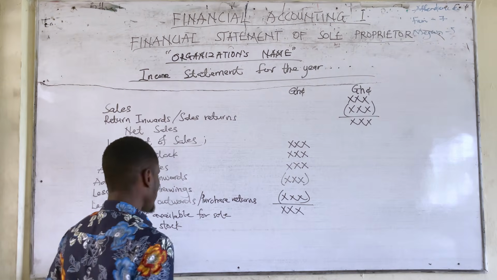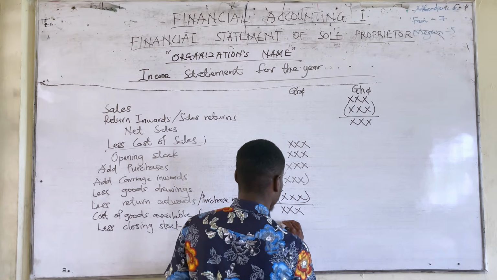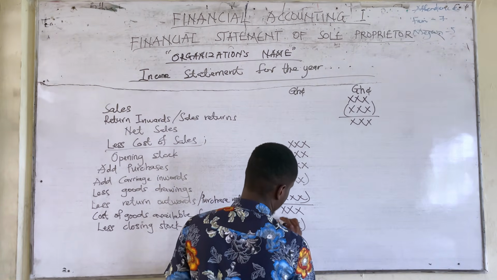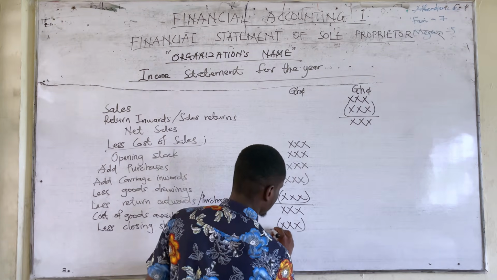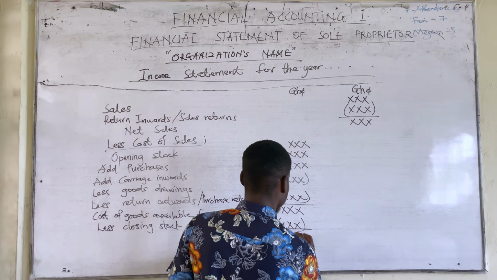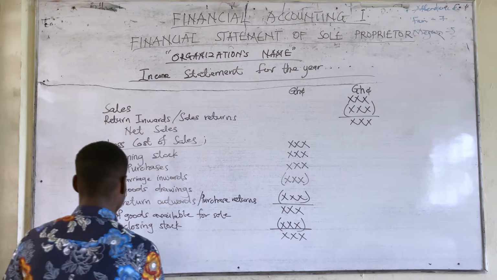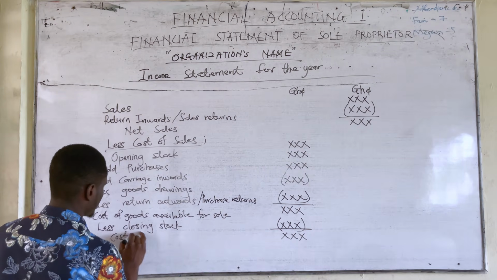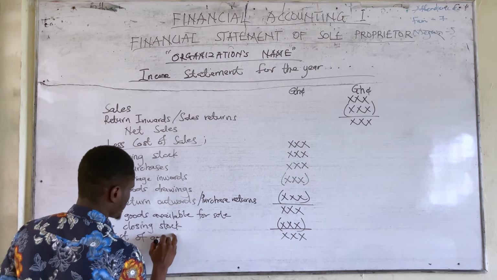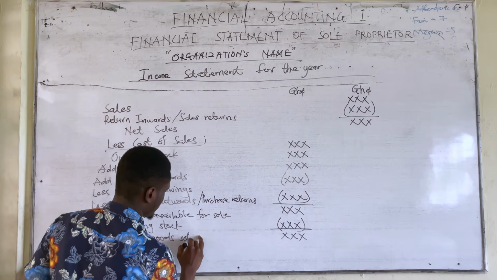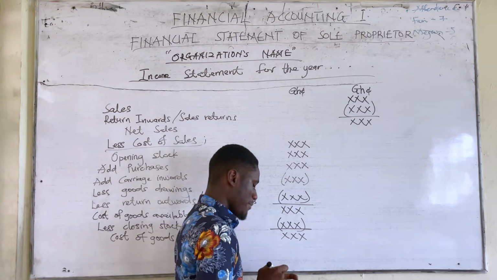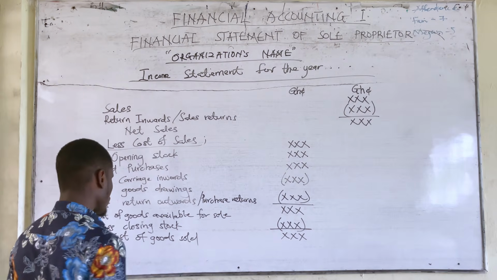So when we come to the closing stock, we are going to less it from the cost of goods available for sale. Okay. Then what we will get here is cost of goods sold. So this amount is called our cost of goods sold.